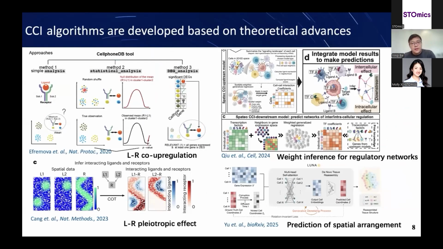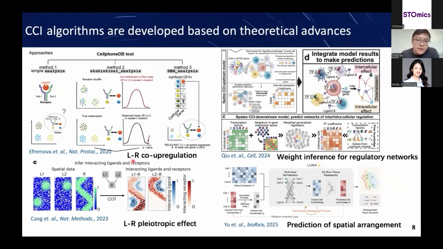The third one in our paper is the cell-cell communication algorithms. These algorithms are highly developed in spatial transcriptomics. So I will not only introduce our algorithms, I will systematically introduce all the algorithms, or I call it the algorithm development in spatial transcriptomics.